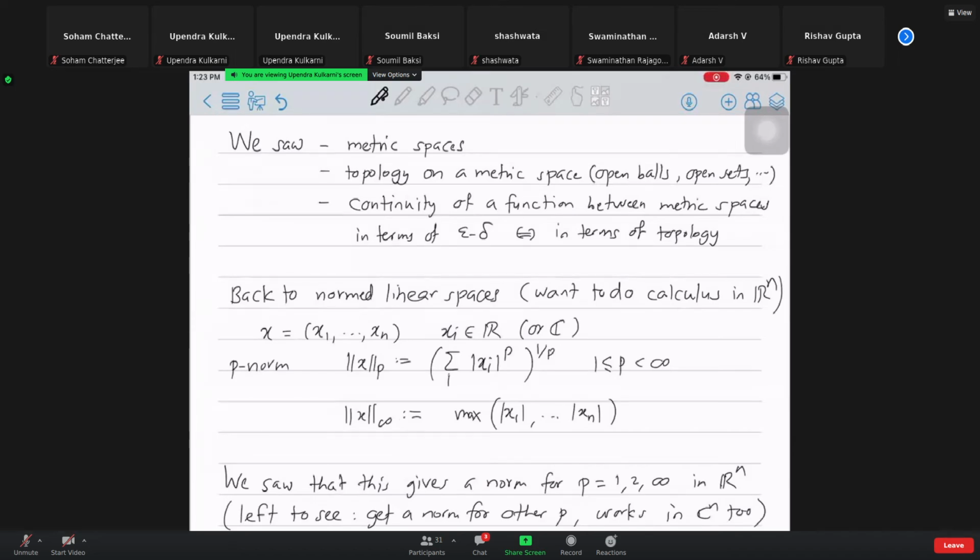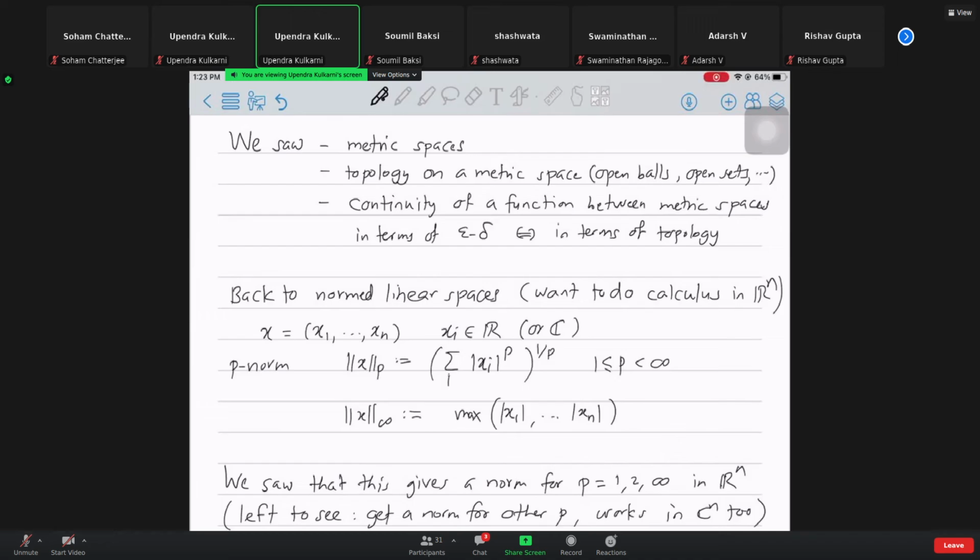This can lead to some funny things. So just a dumb example. Let us suppose I take a topology that consists of the entire space and the empty set. So I take this topology on R. The only open sets are R and the empty set.